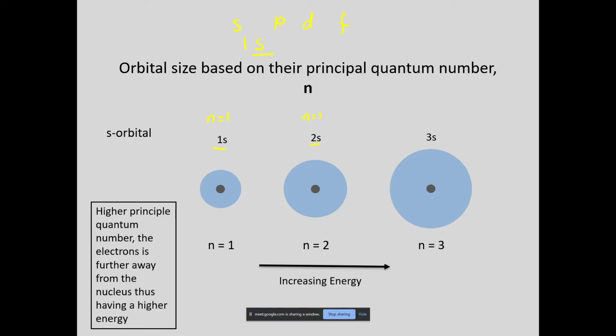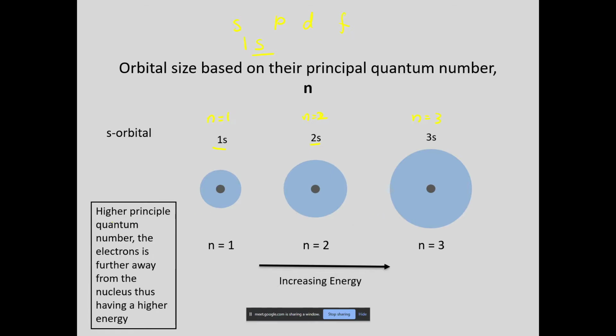Just I want to show you that the bigger the principal quantum number, lagi tinggi principal quantum number tu, lagi besarlah orbital dia. It just so happens that S orbital is a round shape and it's easier to demonstrate this.